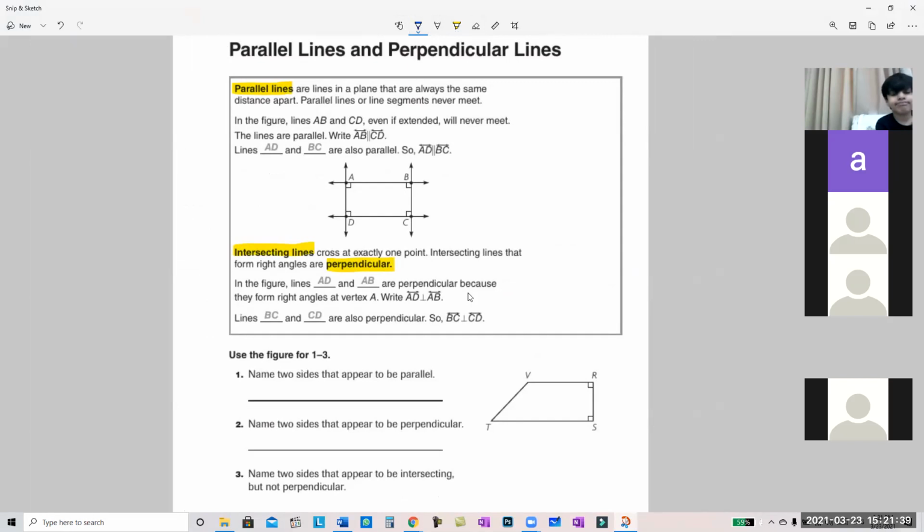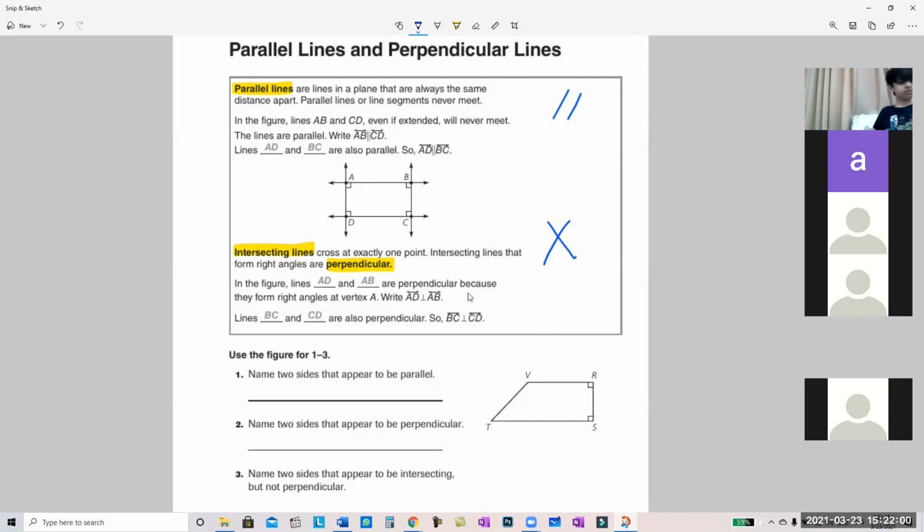We all know parallel means it never intersects each other like that. And that's the sign of the parallel, right? And intersecting lines intersect each other like X here, okay? But it's not perpendicular to each other.